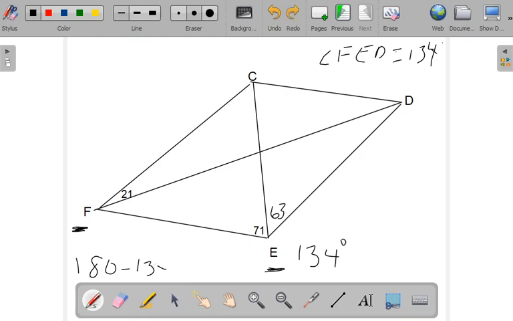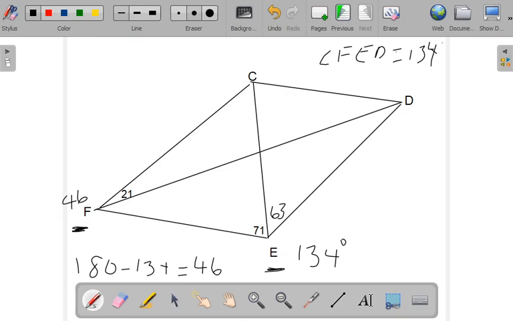Let's rewrite that 4 here. Well, you get the idea. Okay. So 180 minus 134 is 46.